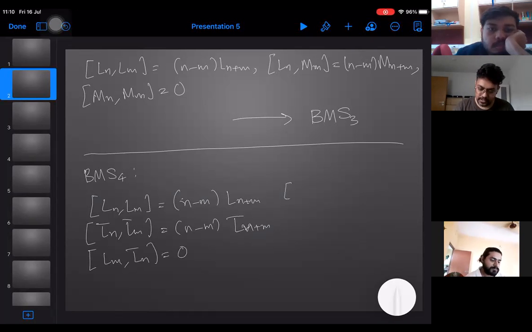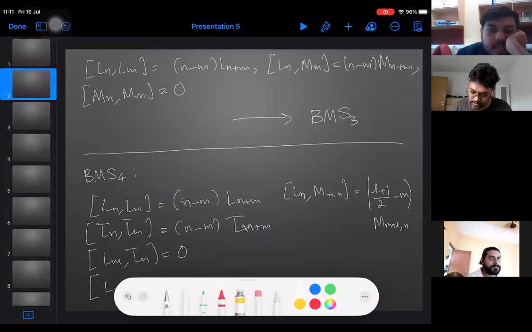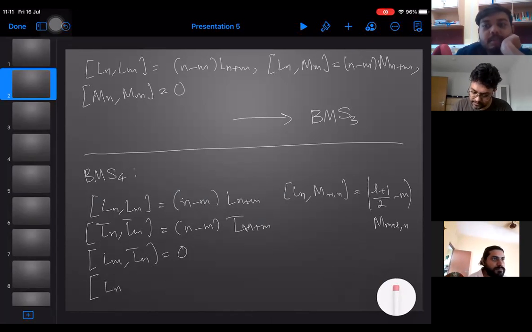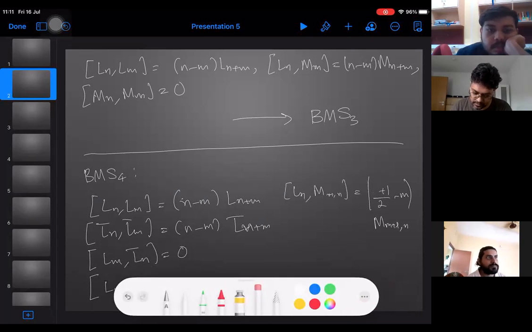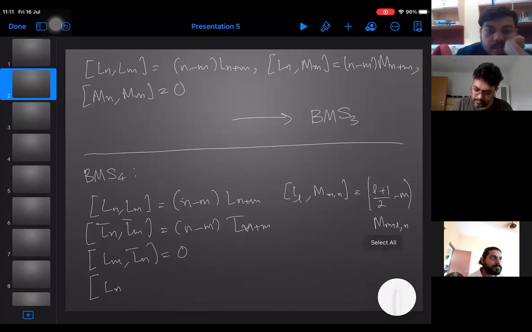And similarly, you will have the commutator of M_n with L_m proportional to (l plus 1 minus n)... plus L_n.